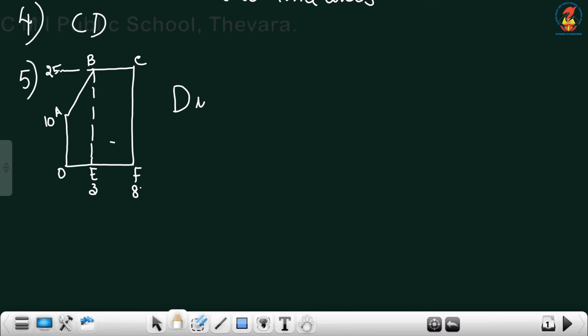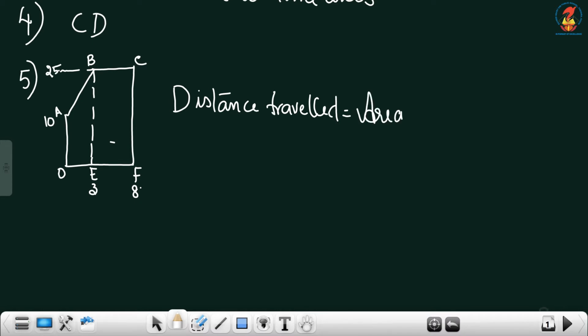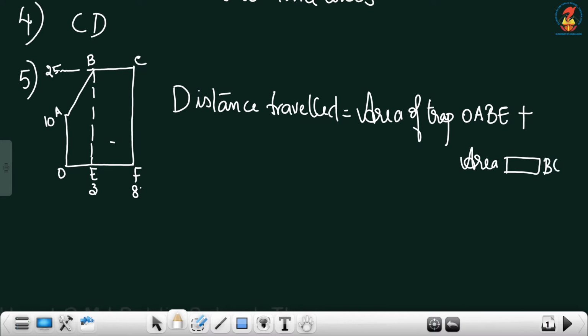Distance travelled equal to area of trapezium, that is O, A, B, E plus area of rectangle B, C, F, E.